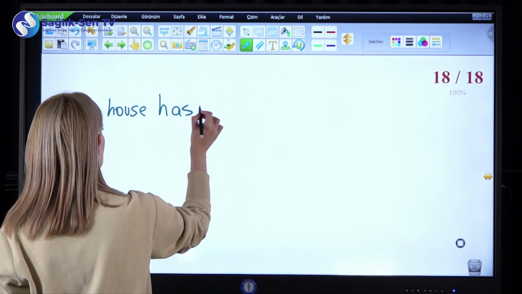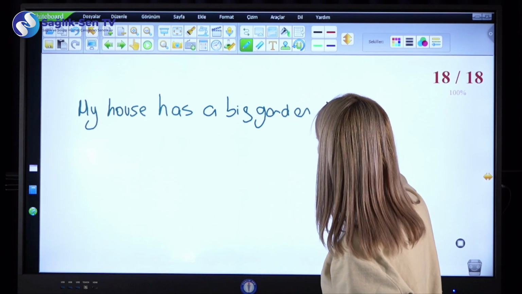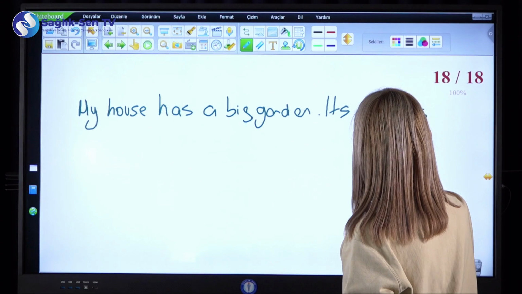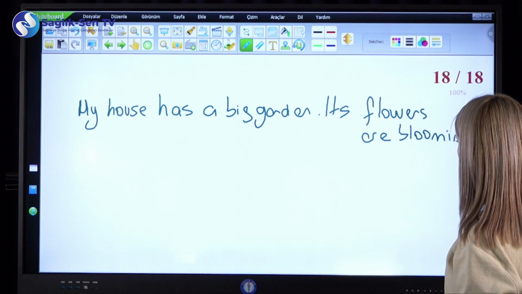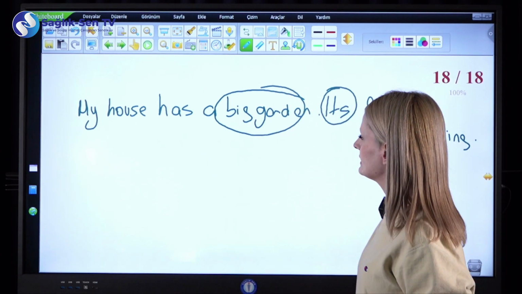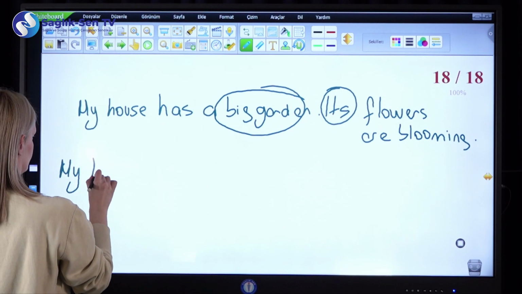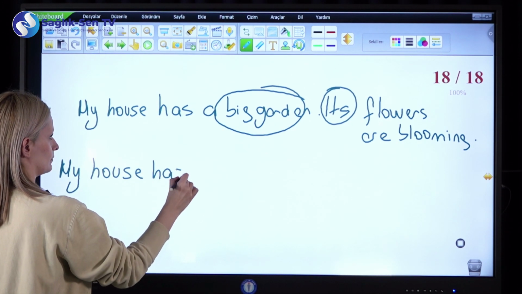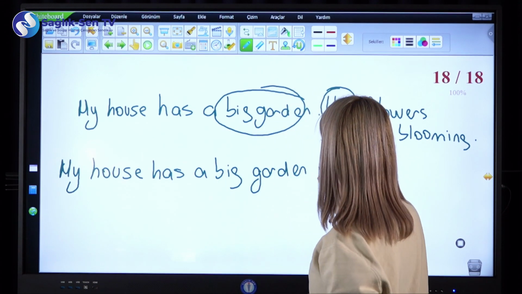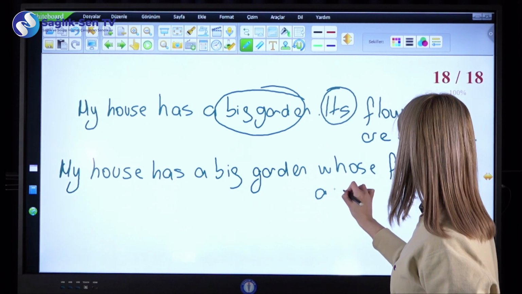My house has a big garden. Its flowers are blooming. And this time, what I have here is that I'm defining the big garden. My house has a big garden whose flowers are blooming.